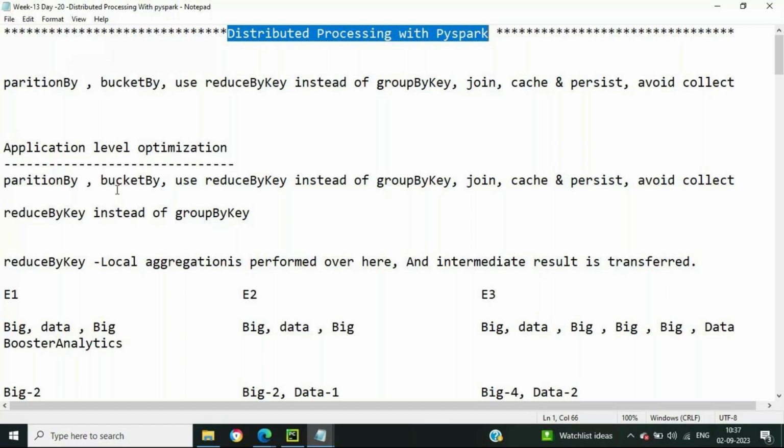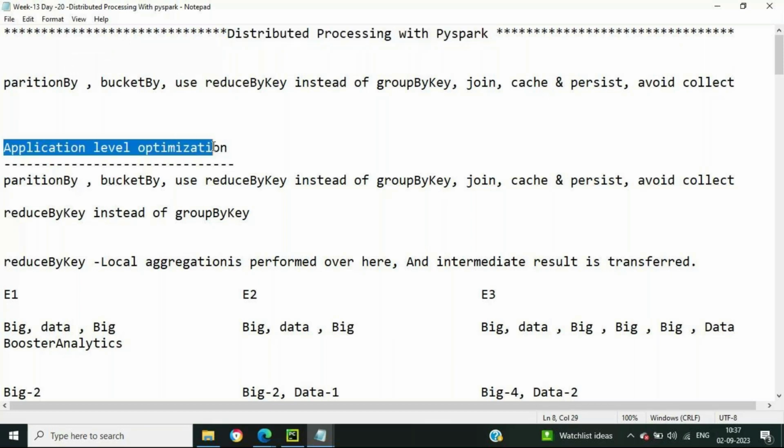What we have seen is that we have two types of optimization. First one is application level optimization. With application level optimization, we change the code, applying certain optimization techniques inside the code only, so that we are able to minimize the latency.